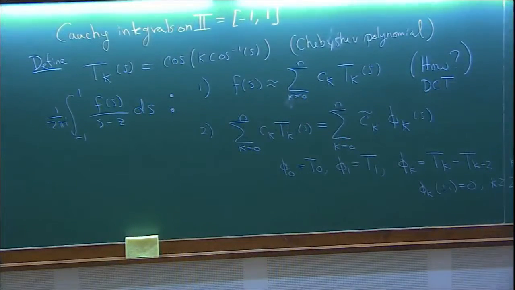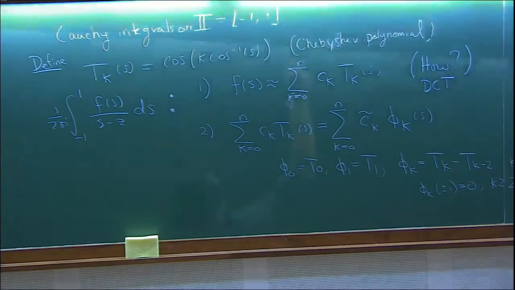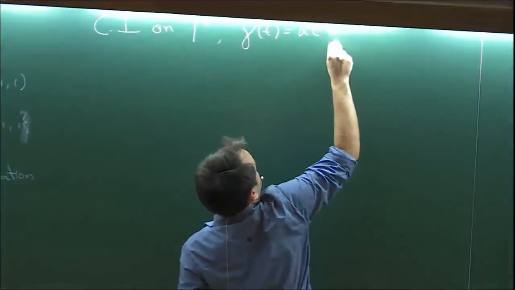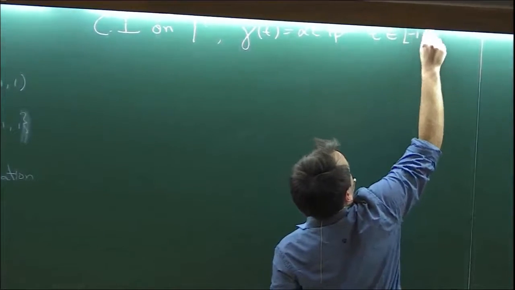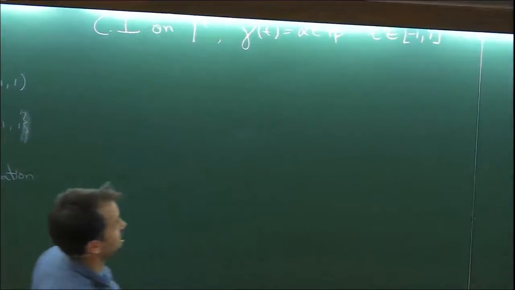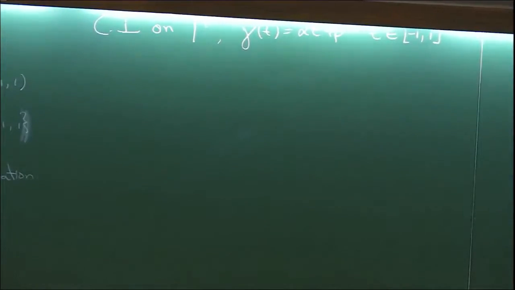But now let's think about gamma, Cauchy integrals on gamma, and gamma will be given by a parameterization, and t is in -1, 1. All right, so it's a Mobius transformation, but it's just a simple linear function.